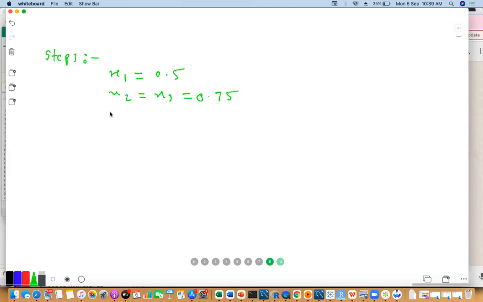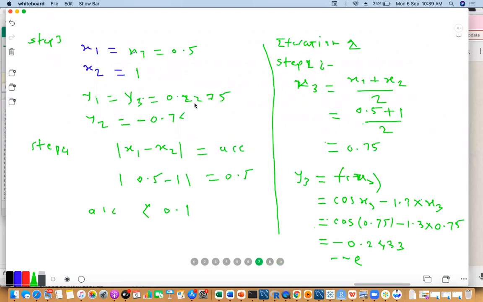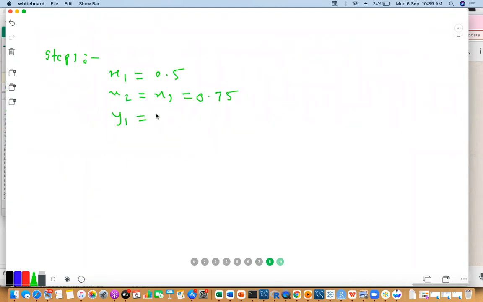Okay, and we have y1 equal to 0.2275, and y2 will be the new y3, which is equal to minus 0.2433. Okay, now in step 4 we will again check accuracy.